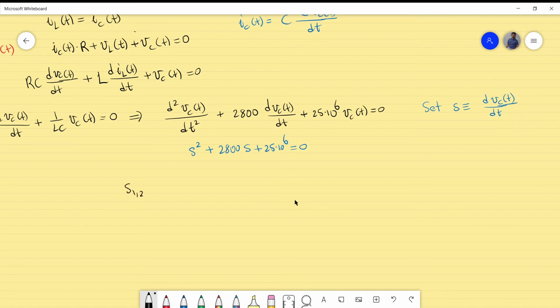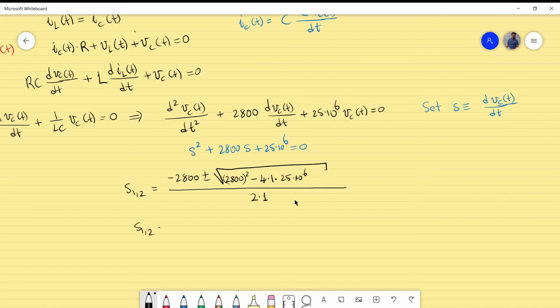For the two roots, 1 and 2, I have minus 2800 plus or minus the square root of 2800 squared minus 4 times 1 times 25 million, divided by 2 times 1, which is also 2.